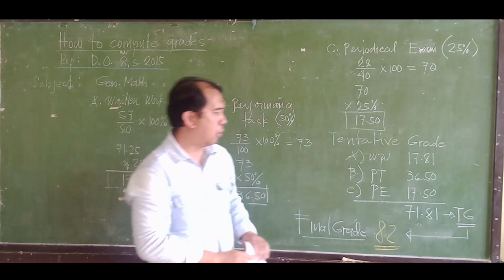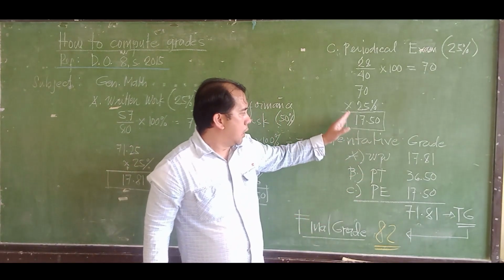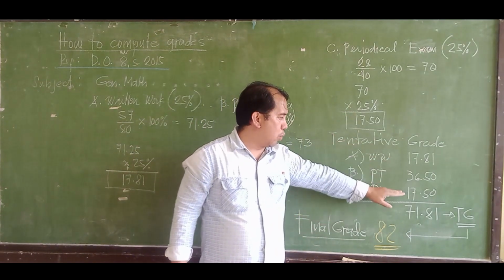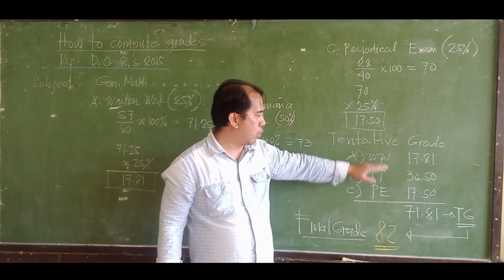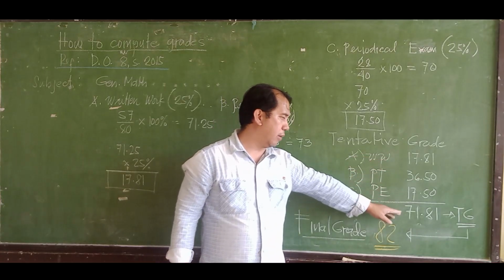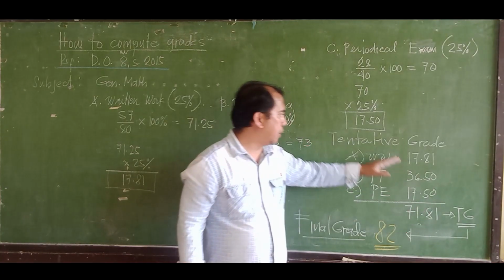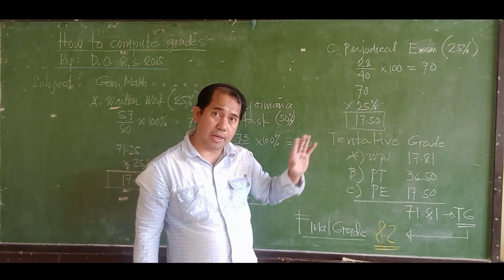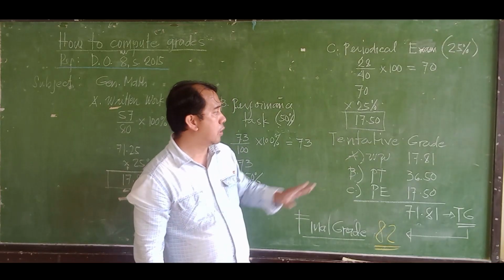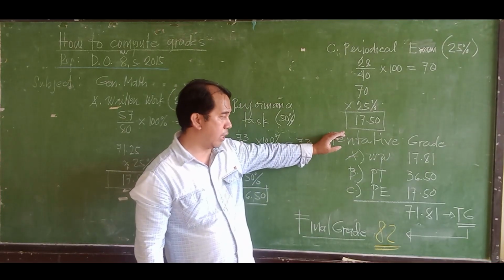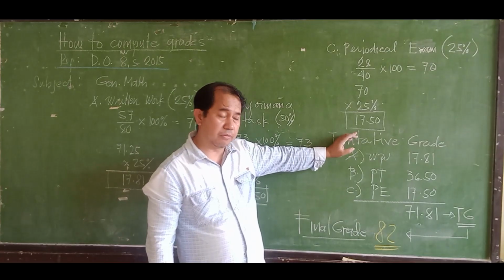Okay? So, again, after summing up the performance task, written work, and periodical exam, we have the total, that is 71.81. That is considered to be the tentative grade of that certain quarter. So, the quarterly tentative grade.